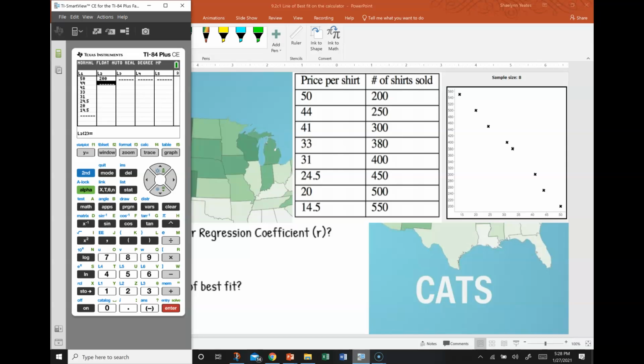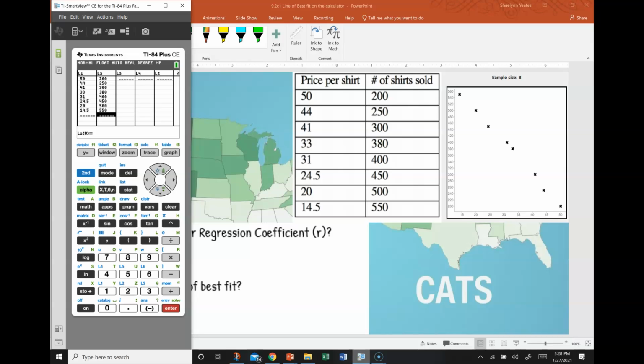So 50 should go to 200, 44 should go to 250, 41 should go to 300, 33 should go to 380, 31 should go to 400, 24.5 should go to 450, 20 should go to 500, and 14.5 should go to 550.